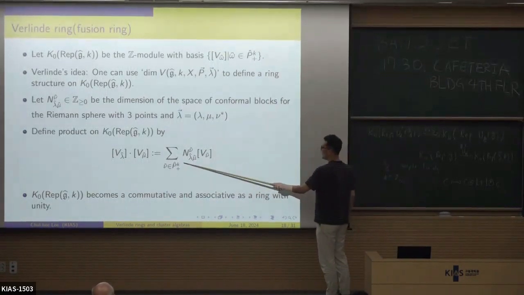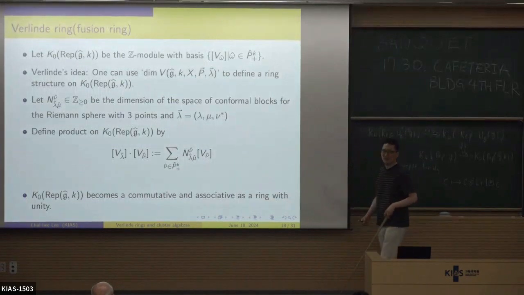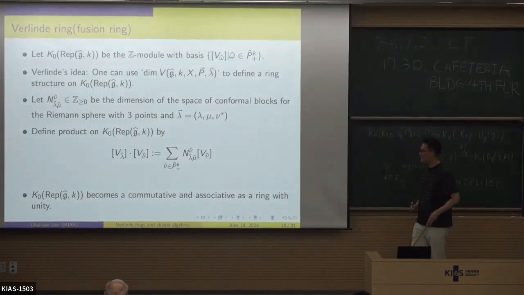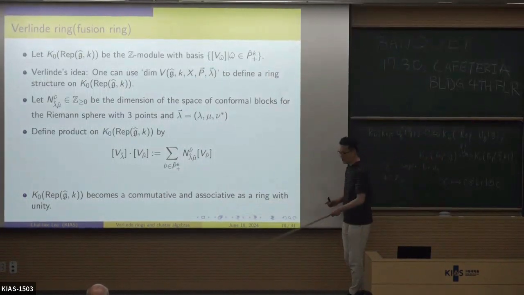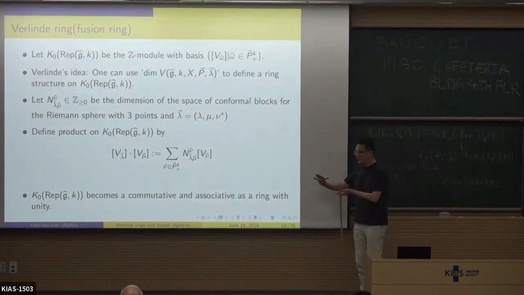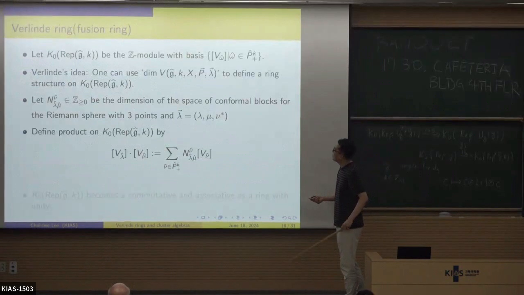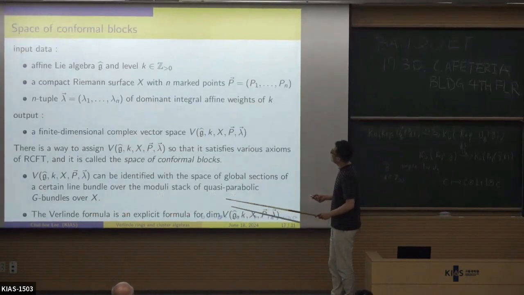When you define a product using structure constants, proving something like associativity is completely non-trivial. To really check associativity, you need to go back to the definition of the product. And so it actually involves some geometry, how this really behaves.